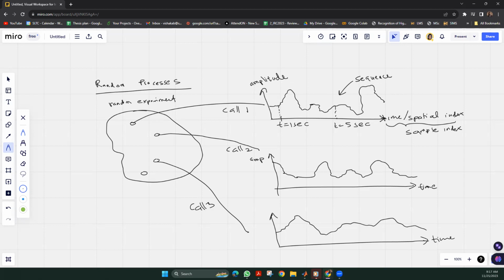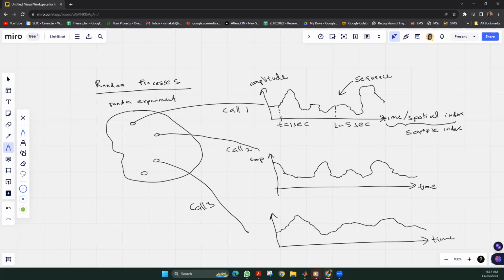Here we are considering calls as the different realizations that we obtain, right? So we will first try to understand the different terms that are used to define a random process, right?